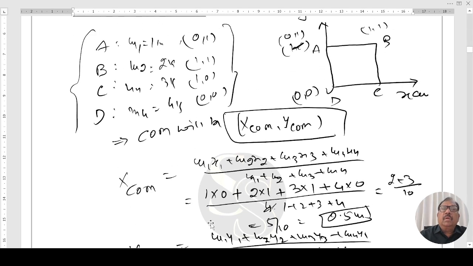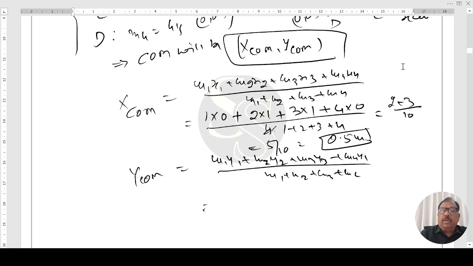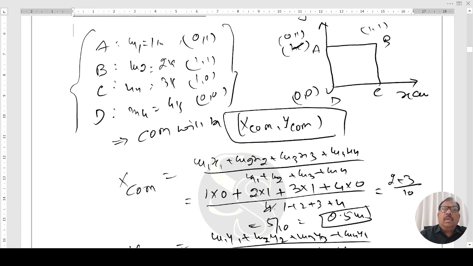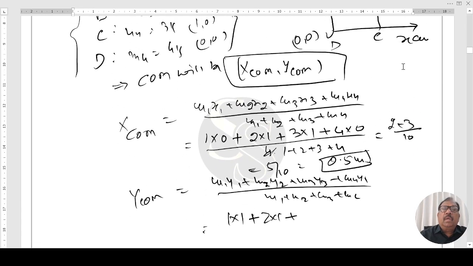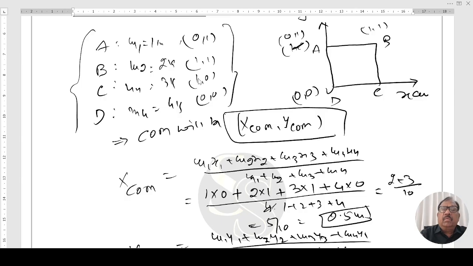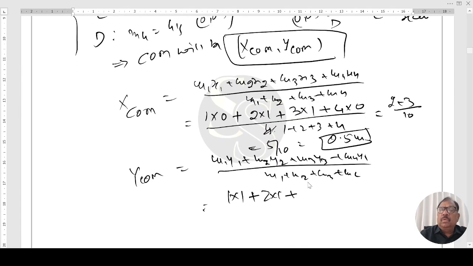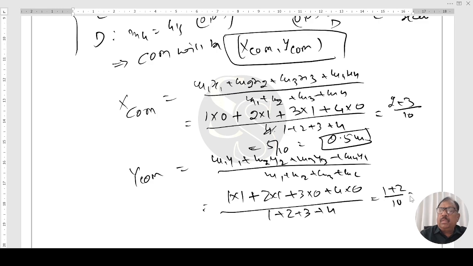M1 Y1 comes out to be 1 into 1, plus M2 Y2, 2 into 1, plus M3 Y3, 3 into 0, plus 4 into 0, divided by 1 plus 2 plus 3 plus 4. 1 plus 2 divided by 10, that is 3 by 10, that is 0.3 meter.